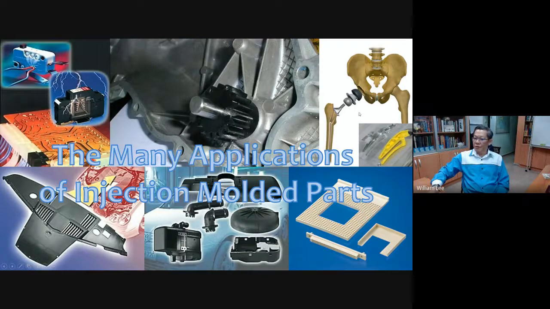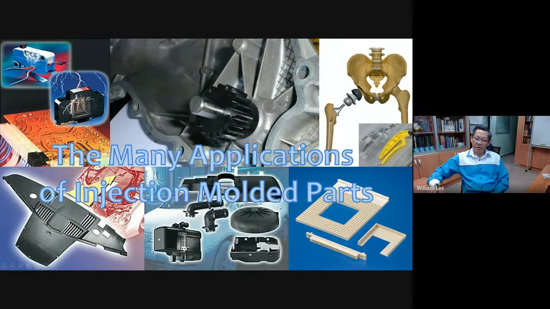Or you can also supply some of these implants used in prosthesis and also medical healthcare products. And of course, nowadays, plastic becomes more and more common in automotive vehicles.